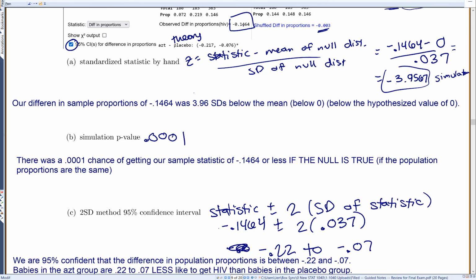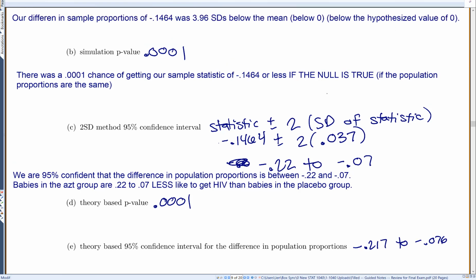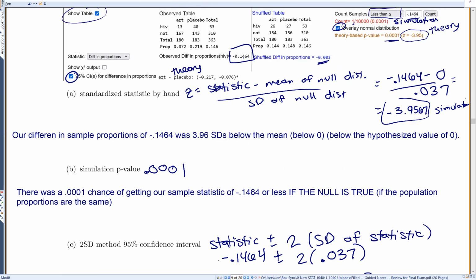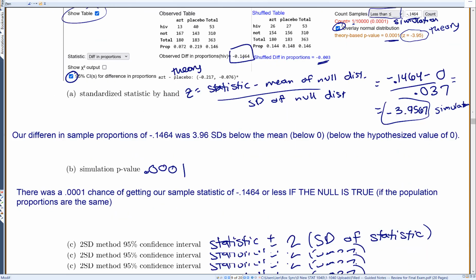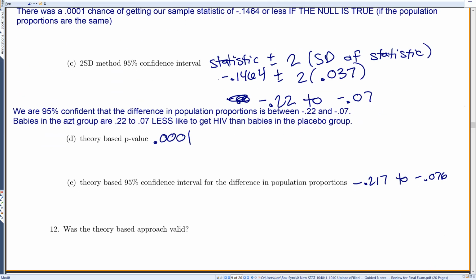So it's negative 0.217 to negative 0.076. Is that right? Yep. So you'll notice it's pretty close to what we got when we did it by hand. The difference is truly just because simulation never matches up exactly with theory, because it just is based on what samples you happen to get.